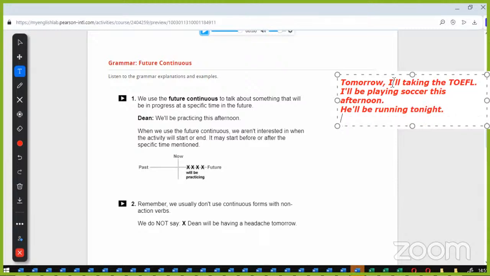Okay, so we are not interested in when the activity started or ended, or will start and will end. It may start before and end after the specific mentioned time. Okay, we don't usually use continuous forms with non-action verbs, as we saw. If you remember, we saw non-action verbs and we don't use continuous form with them.